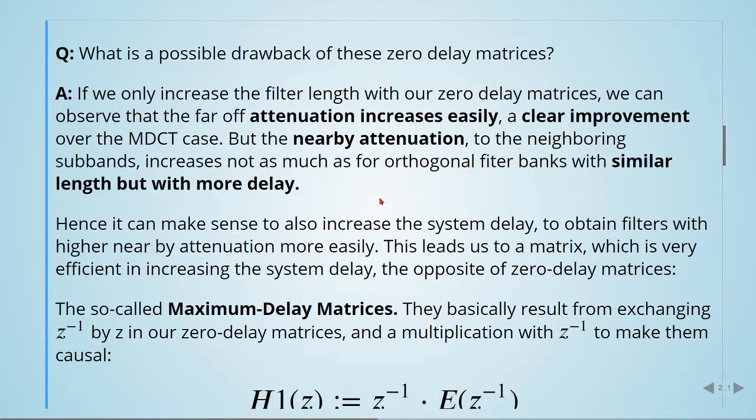What is a possible drawback of these zero delay matrices? If we only increase the filter length with our zero delay matrices, we can observe that the far-off attenuation increases easily, a clear improvement over the MDCT case. But the nearby attenuation to the neighboring subbands increases not as much as for orthogonal filter banks with similar length but with more delay.